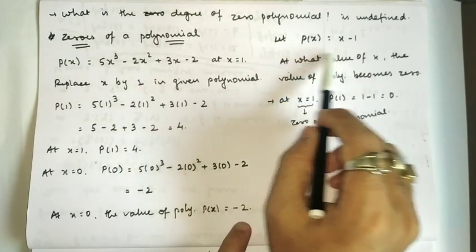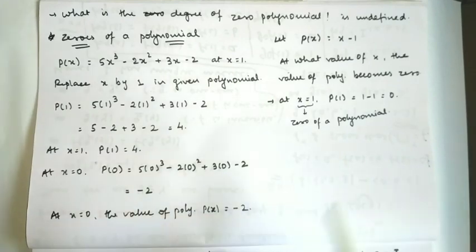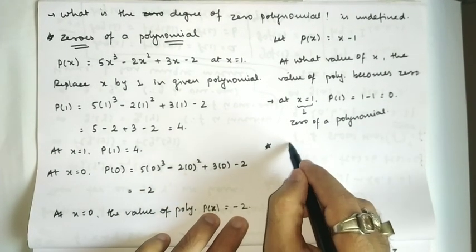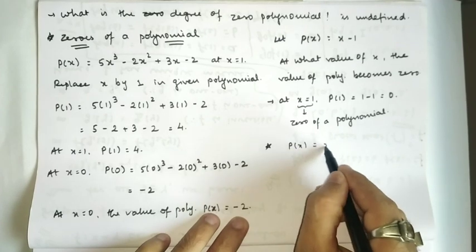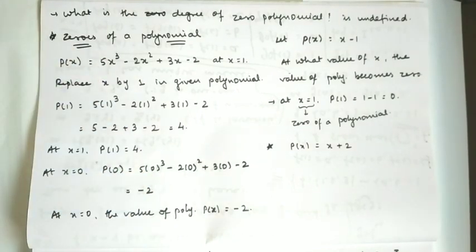That means for this particular polynomial, x equals 1 is a zero of the polynomial. Let's take one more example. Suppose I have a polynomial x plus 2 and I want to find the zero of the polynomial. See, the topic is called zeros. That means we may have one or more than one zero.